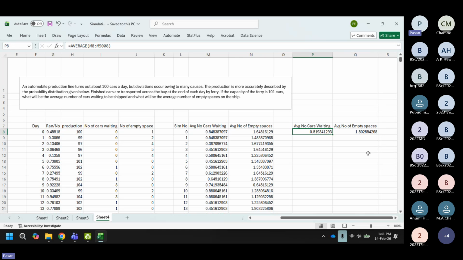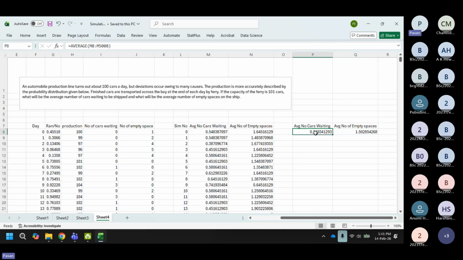Maybe we can increase the production capacity, so that we avoid too many empty spaces, and so we have some freedom in modifying them. So that's how we can interpret this.